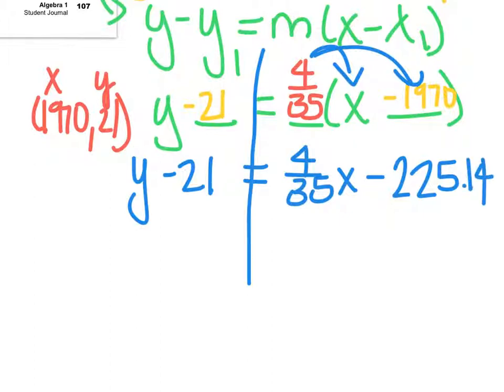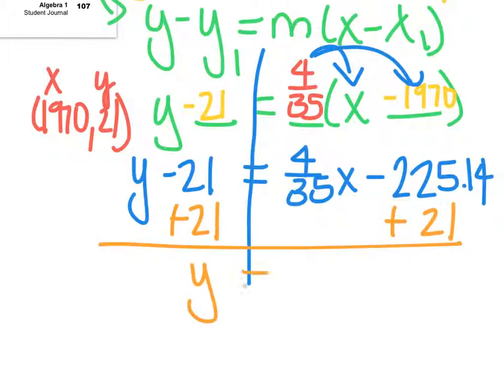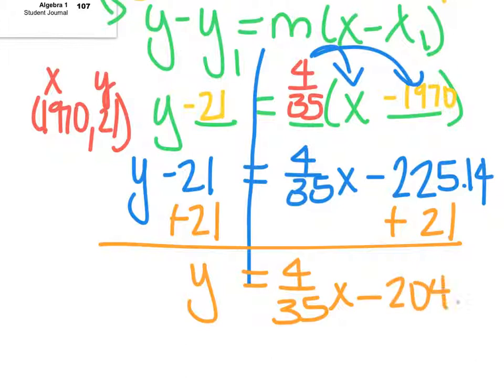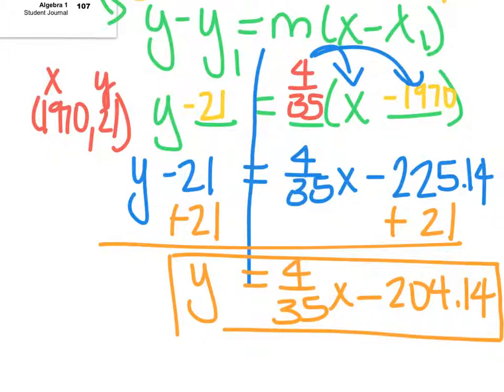So then to get y completely by itself, all I have to do is add 21 to both sides. And I'm going to get y equals 4 over 35x minus 204.14. So that would be my equation. So that right there is our equation using point slope form.